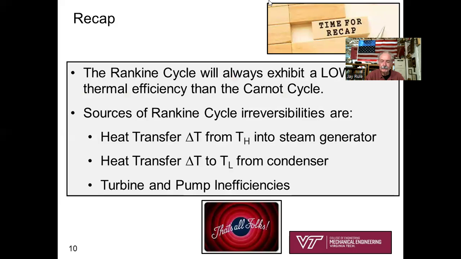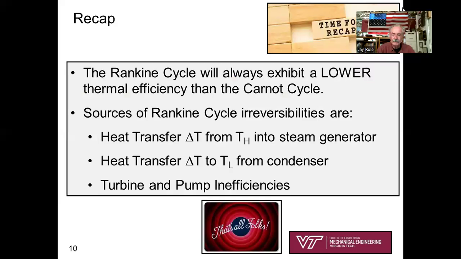And so that's my little comparison that I wanted to share with you. The Rankine cycle will always exhibit a lower thermal efficiency than the Carnot cycle. And of course, both of them, by the second law, have got to be less than 100%.